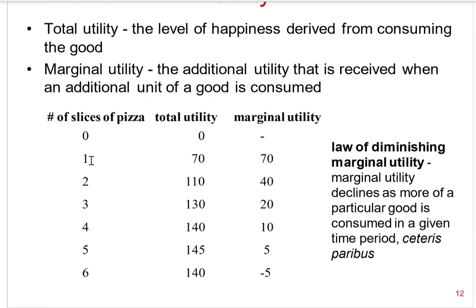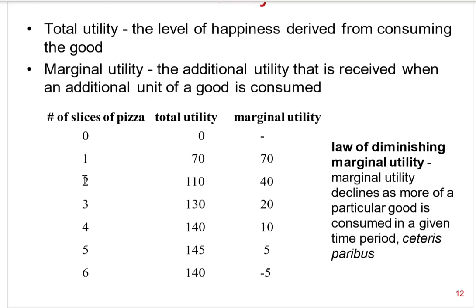Now when we consume the second unit together with the first unit, the total utility is 110. Usually this is called utils, 110 utils, but for the sake of simplicity I will continue saying utility. The marginal utility now is 40, the difference between 110 and 70. So that one additional slice of pizza has given us 40 additional utility.